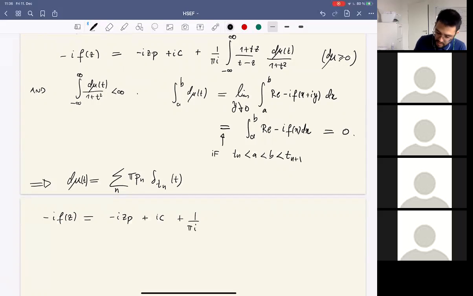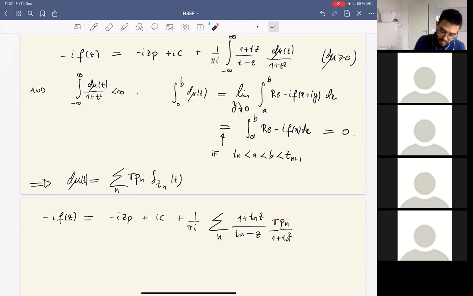And you just write what it is, and this is just 1 plus Tn z divided by Tn minus z, and this would be like pi Tn divided by 1 plus Tn squared. And I put this pi here, so this pi cancels with this guy here.